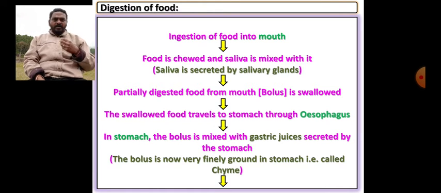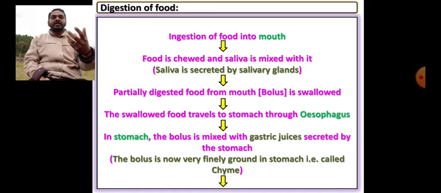Then in the stomach there are some glands which are called gastric glands. They produce gastric juices. These gastric juices are responsible for again partial digestion of our food. The bolus which has already undergone partial digestion with the help of saliva in our mouth is again undergoing one more treatment with newly secreted enzymes and acids, hydrochloric acid and all.